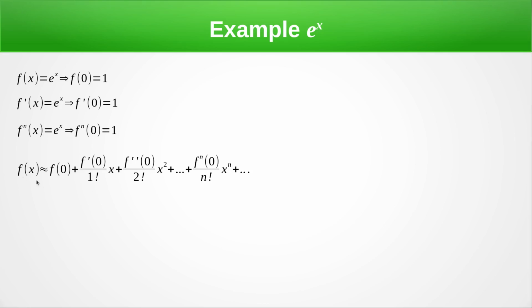So substituting in those values of 1 for f of 0, f dash of 0, and so on into this formula here, gives us this formula for a polynomial approximation of e to the x. And you can see here the first 4 terms for e to the x, and try that for some values close to 0 and see how close they are to the actual function e to the x.